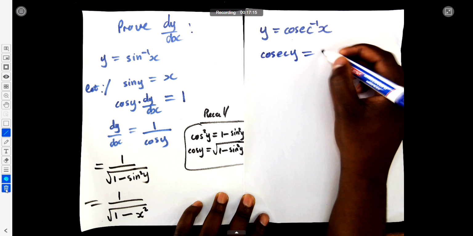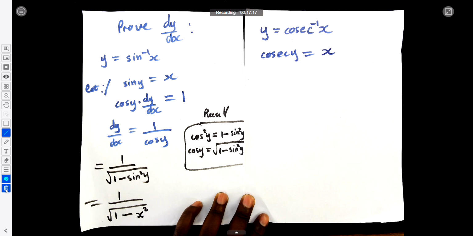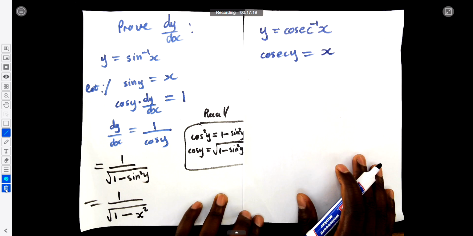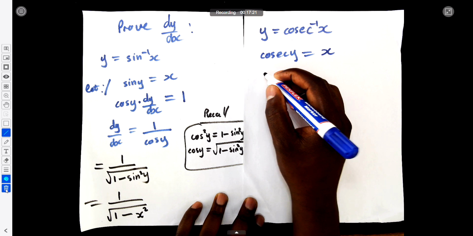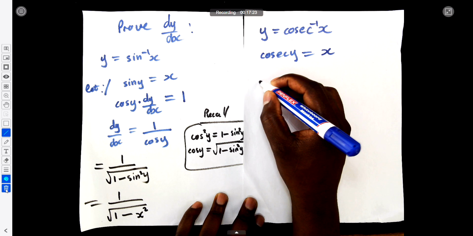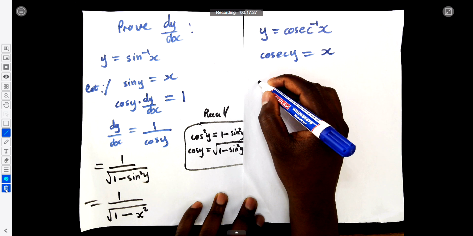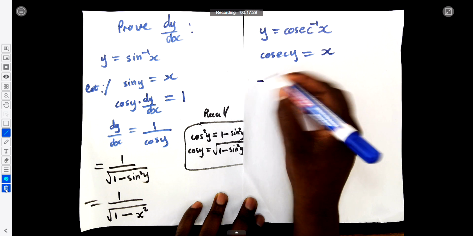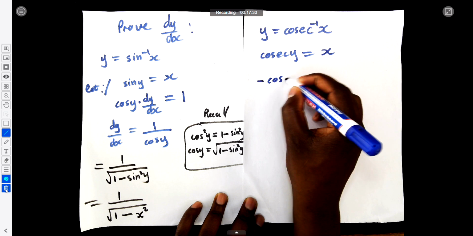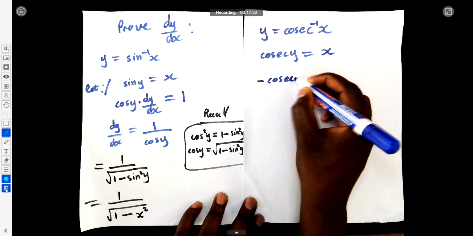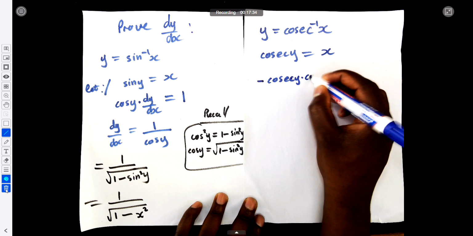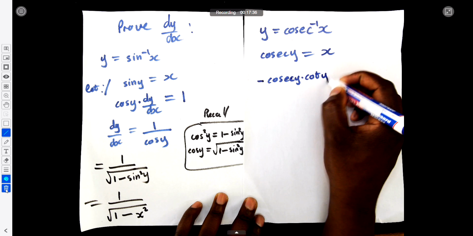When we get rid of that, we're left with x. Now, the second part, we need to differentiate implicitly. So what is the derivative of cosec y? It's negative cosec y times cot y.